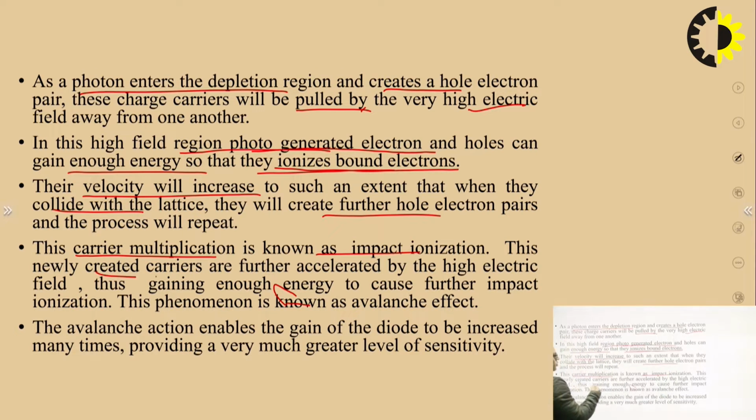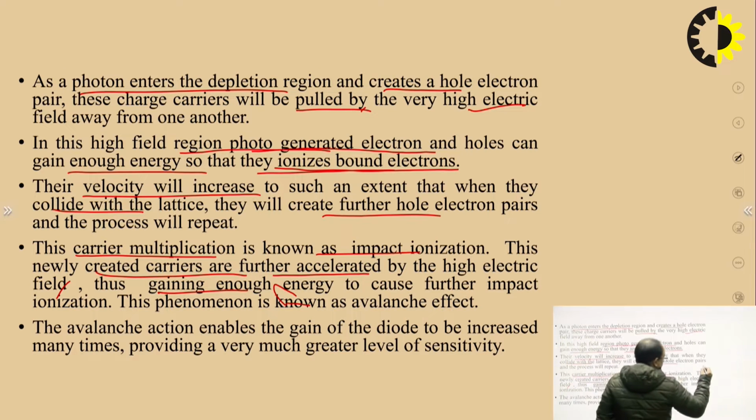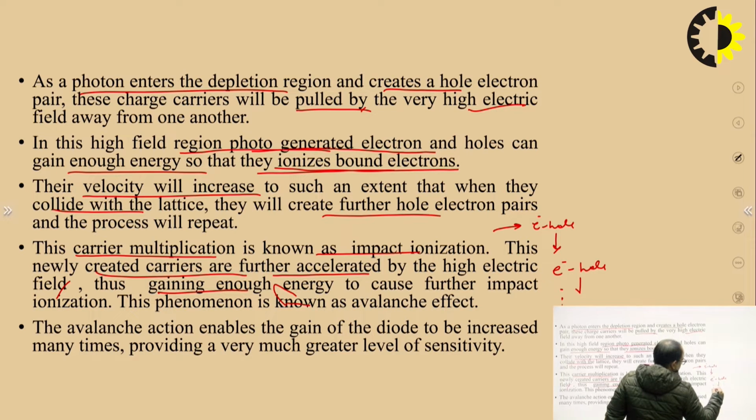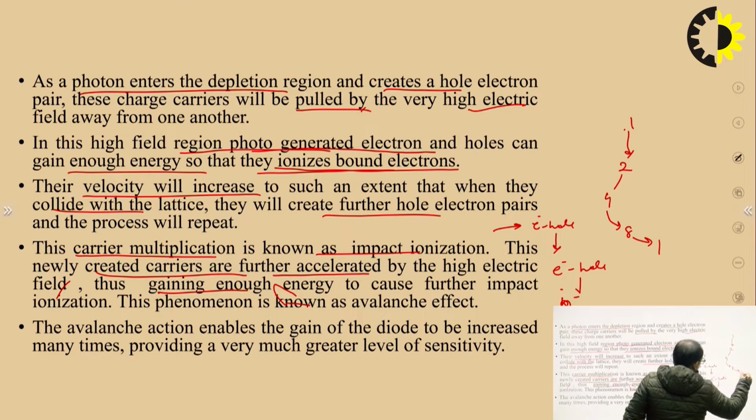The newly charged carriers are further accelerated by the high electric field, thus gaining enough energy. This means that if an electron-hole pair is generated, this electron-hole pair further creates an electron-hole pair, and this further creates an electron-hole pair. So 1 creates 2, 2 creates 4, 4 creates 8, 8 creates 16.